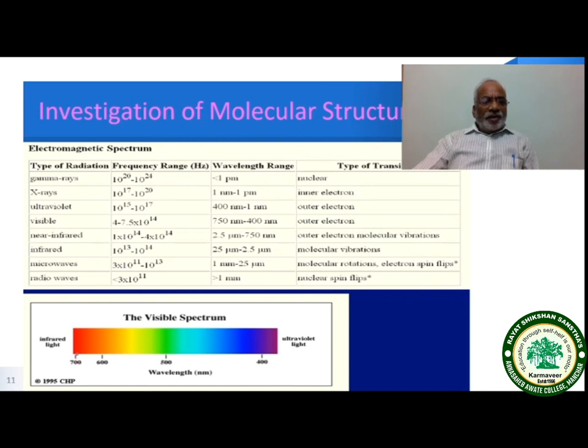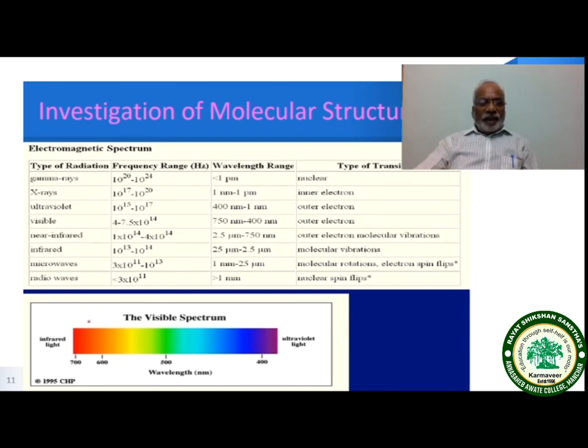Here 700 nanometer and here 400 nanometer wavelength is given, that of the visible region. Towards this side is ultraviolet light, towards this side it is the infrared region. This is not a fixed boundary, as I told; they are diffused one into the other.